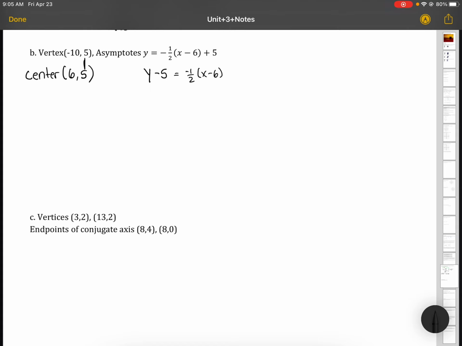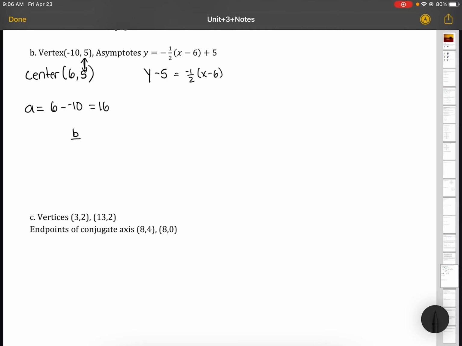So again, the y coordinate is the same. Those two things are equal, which again means our hyperbola opens left and right. So a is going to equal 6 minus negative 10. The distance between those 2 points, that's going to be 16. So a is 16. Now remember, the slope of the asymptotes are plus and minus b divided by a.